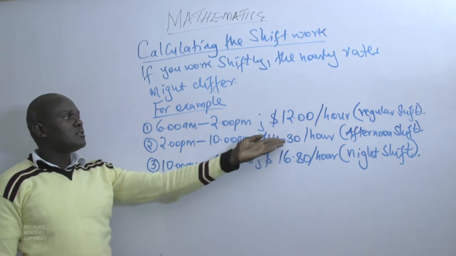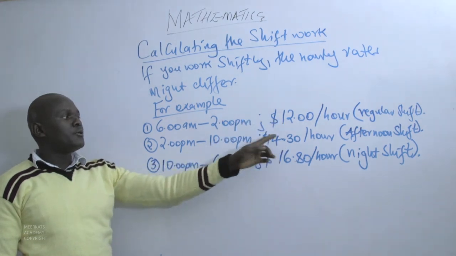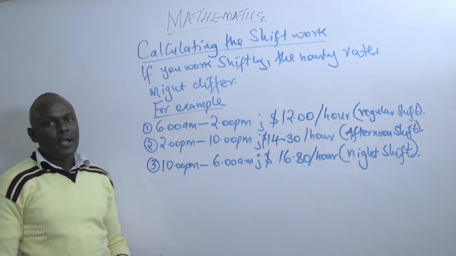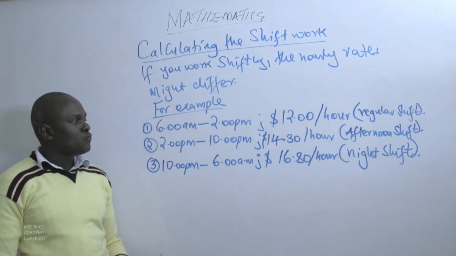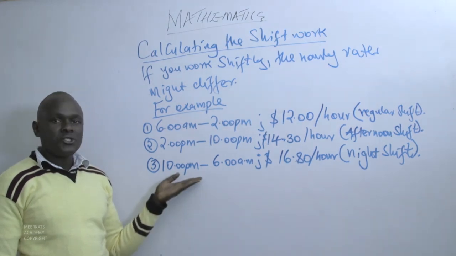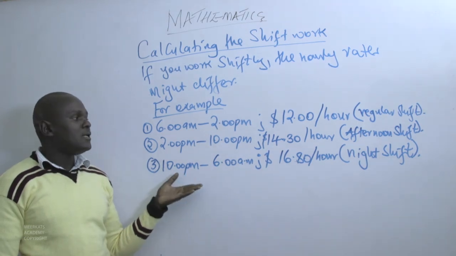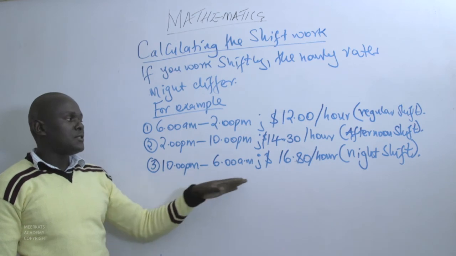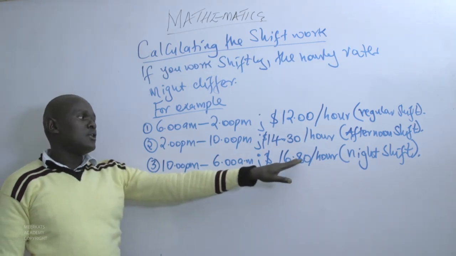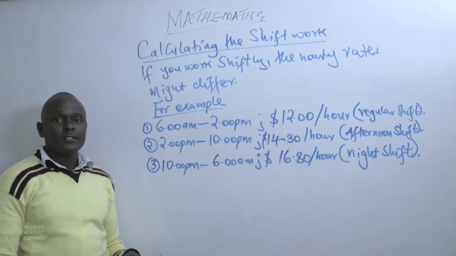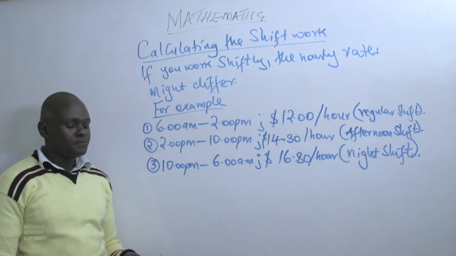They have increased from $12 to $14.3 per hour. And that last shift in a day, the night shift, is the highly paid because it has the highest rates at $16.80 per hour.